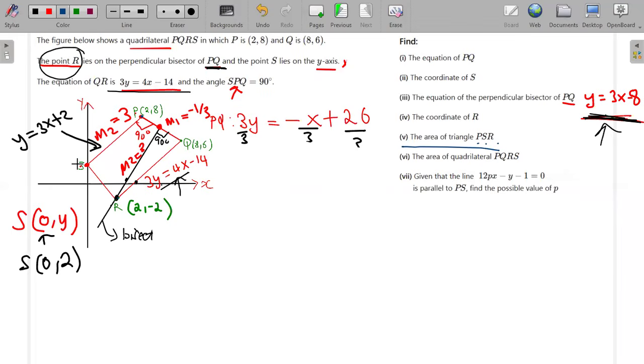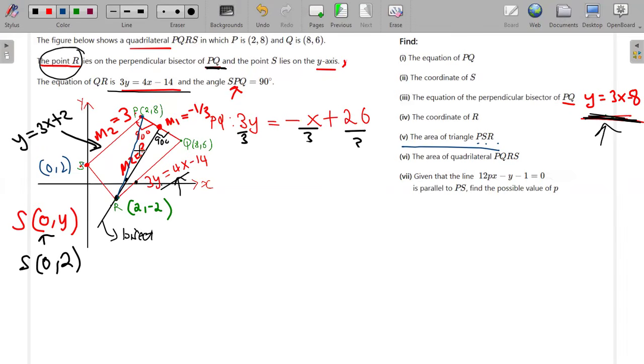So there, you can use the direct method if you want, because I have the coordinates here. The coordinate there is 0, 2. The coordinate on R is 2, minus 2. Then the coordinate on P is 2, 8. So I can use the direct method where I just find the area of a triangle by using the coordinates directly.